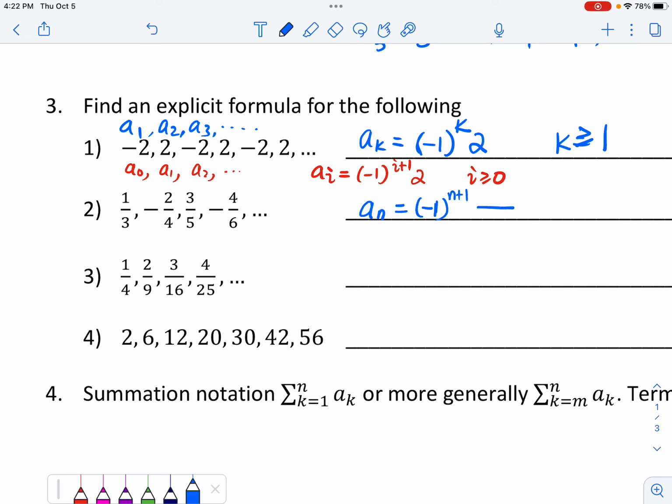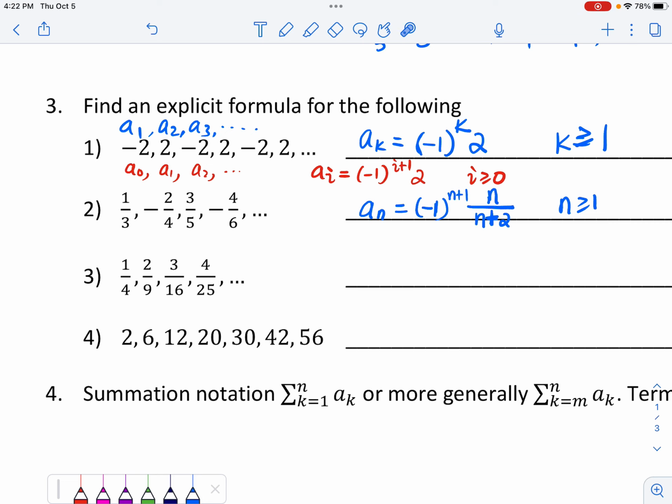And then here I do see that the numerator matches the index, and the denominator is 2 more than the numerator. So therefore this is my explicit formula, where n is greater than or equal to 1. Okay, so this is the second one.